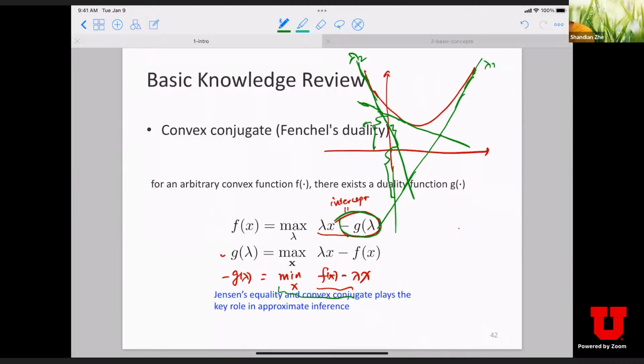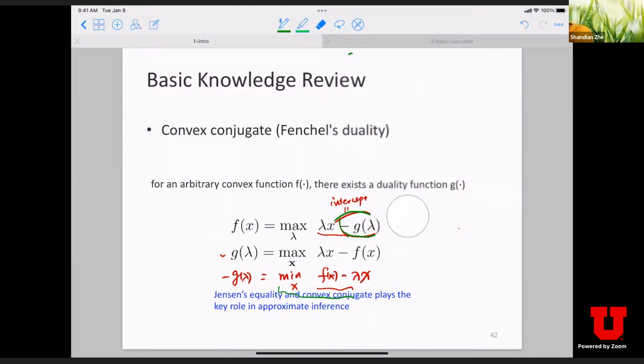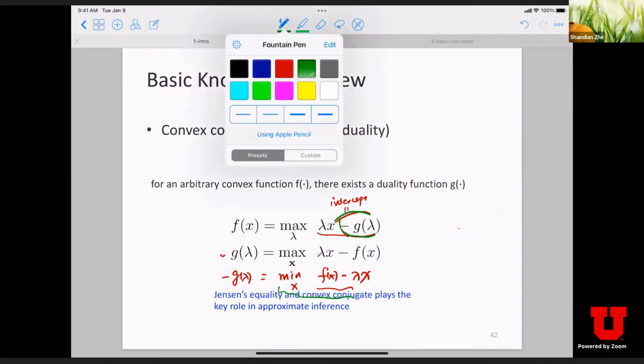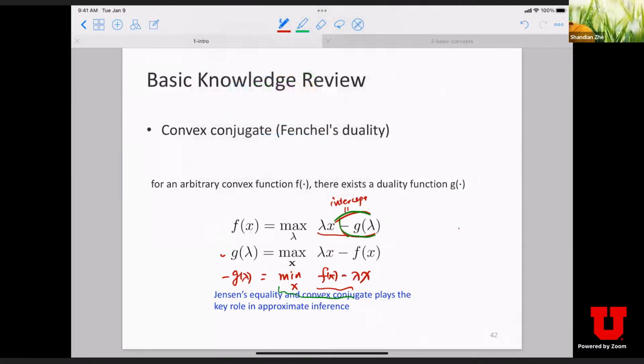Because this is too messy, let me redraw it. This is my f of x.